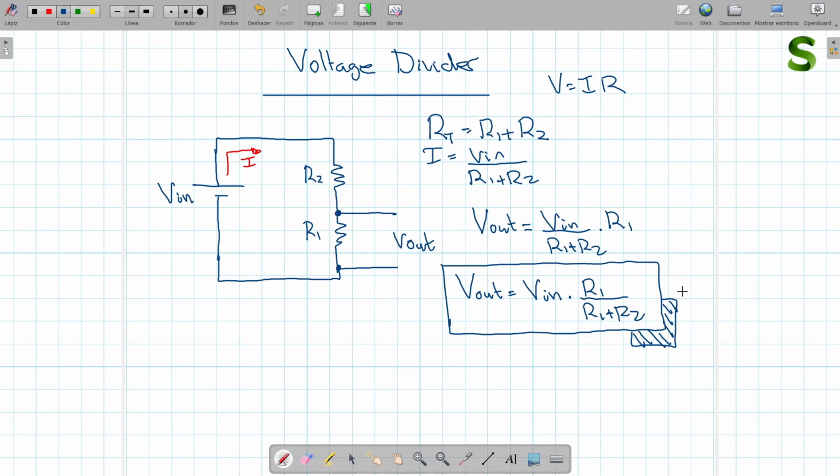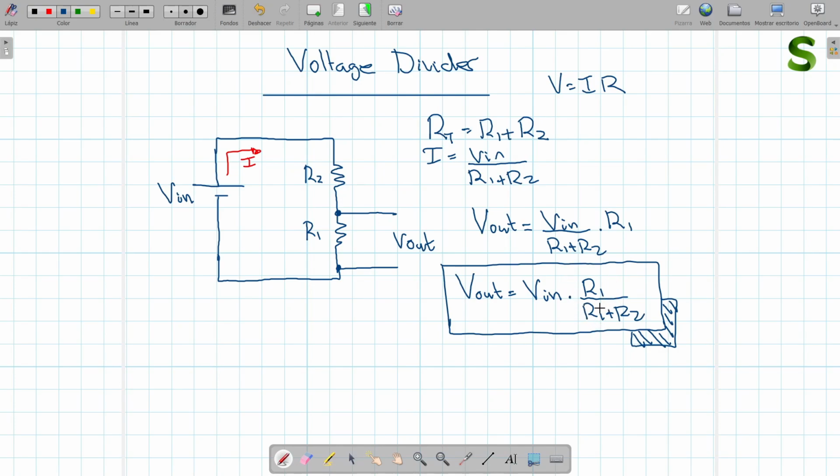As you see, if R2, the other resistance, the one that we're not considering for V out, is nearly 0, then we obtain more or less R1 divided by R1, which is 1, and we obtain the same voltage out as we put into the circuit. V out equals V in. But the more we increase R2, the more the denominator increases, and so R1 divided by R1 plus R2 goes towards 0.